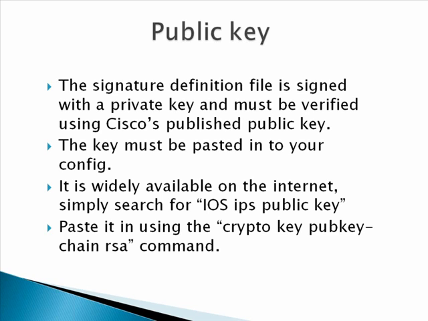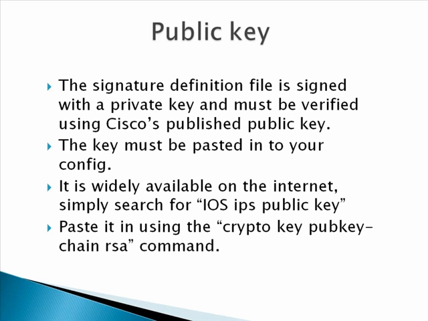Those signature definition files that you download from Cisco are signed with a private key, and before they get loaded, they have to be verified with Cisco's public key. The reason for that is Cisco does not want a bunch of unauthorized signature files out there that maybe have signatures tweaked to let particular attacks through, or maybe just an amateur person thought they were doing a good idea writing signatures, but it doesn't work well, etc. So the router is only going to accept these package files that are signed and verified with Cisco's private and public keys.